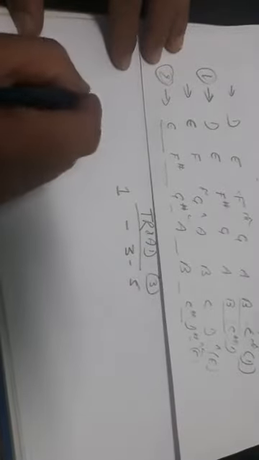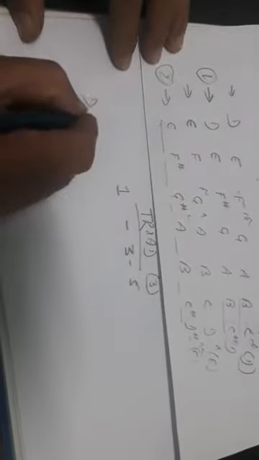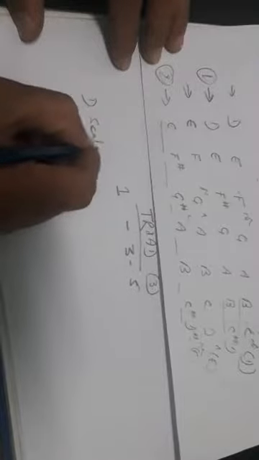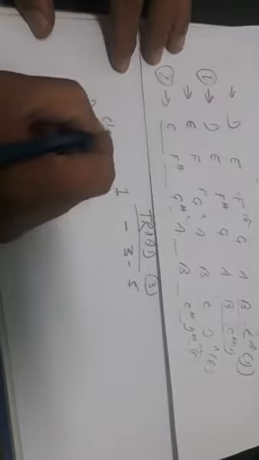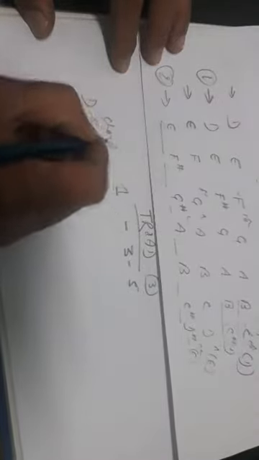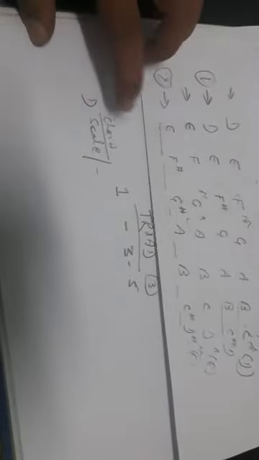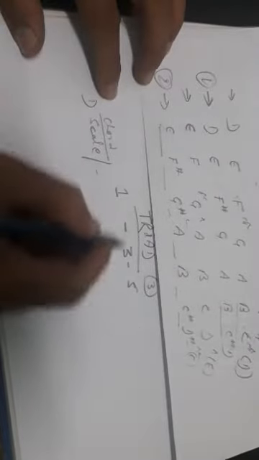Suppose I take the D major scale, or if I make a D major chord, to make the D chord in guitar or in music, we need 3 notes, that is 1, 3 and 5.